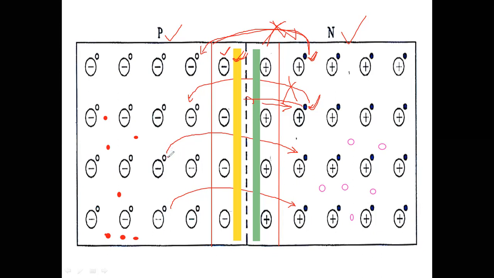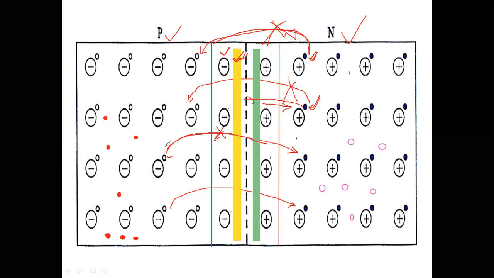Okay, likewise here there is a positive charge. So the hole is here. The hole wants to move towards the n side, but this positive charge which is accumulated, the green color, the positive charge accumulated at the n side, will repel this hole, and the hole can't move towards the n side. Why?